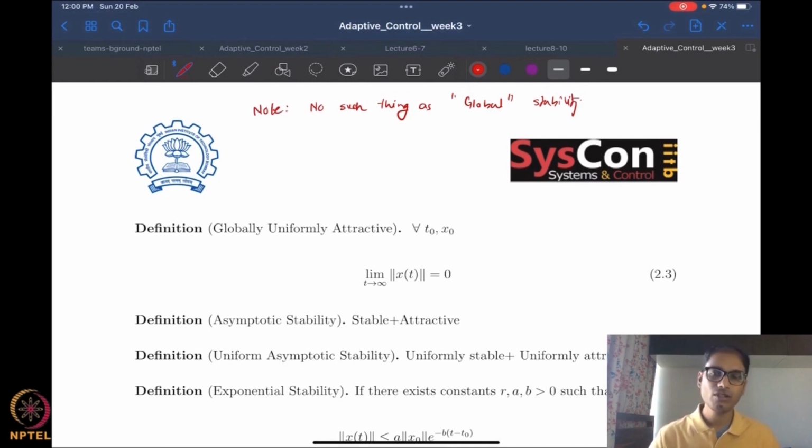As far as the stability definitions go, we saw stability and we saw uniform stability, two different definitions. We are always required to choose an epsilon and correspondingly get a delta.